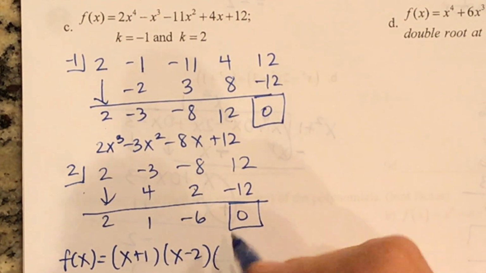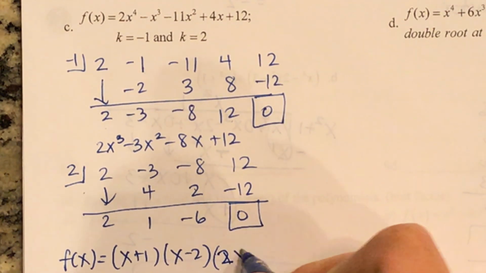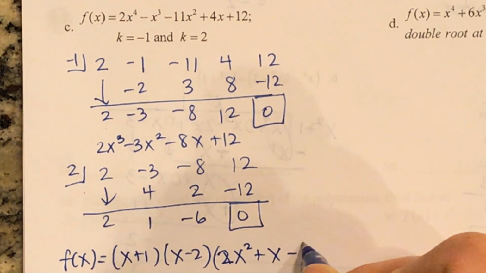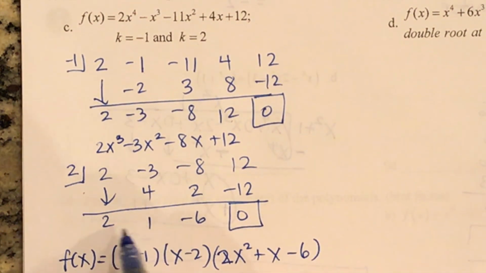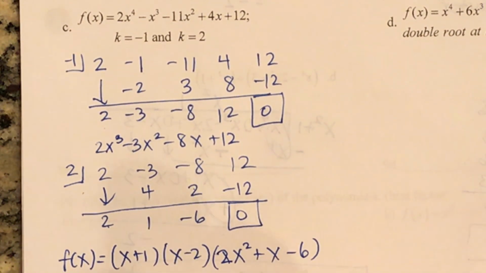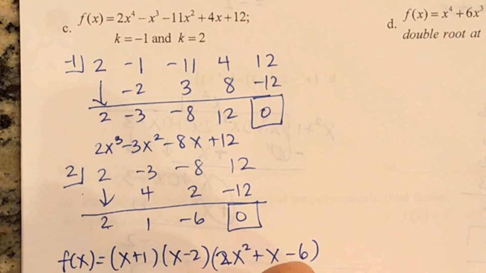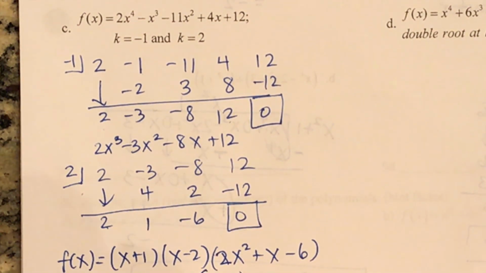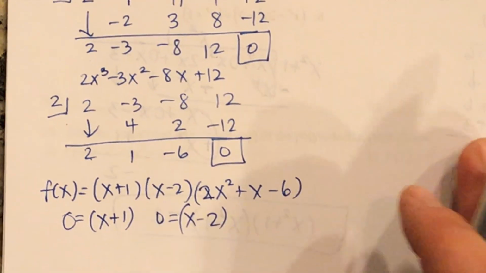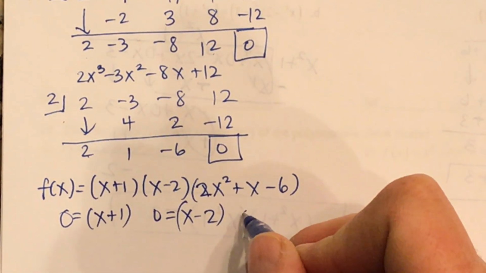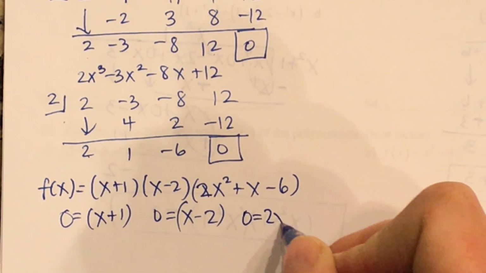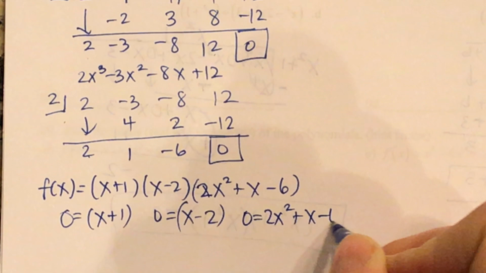And then now what I've got left is 2x squared plus x minus 6 from right here. I didn't need these parentheses, but apparently I can't stop. And then now this one is 0 equals 2x squared plus x minus 6.